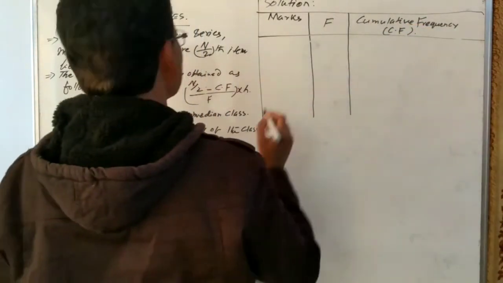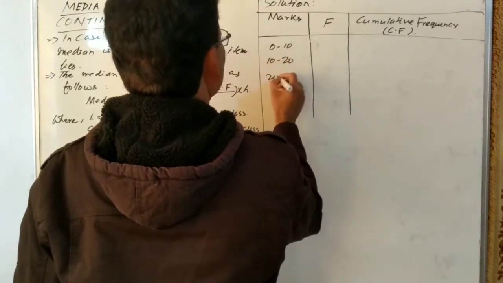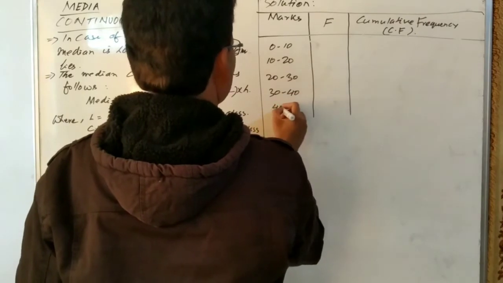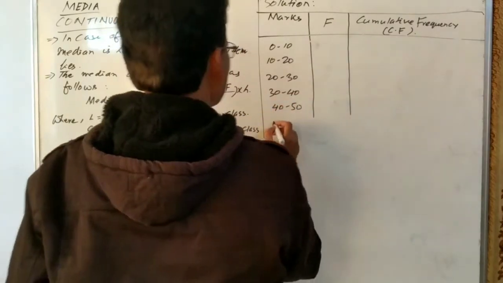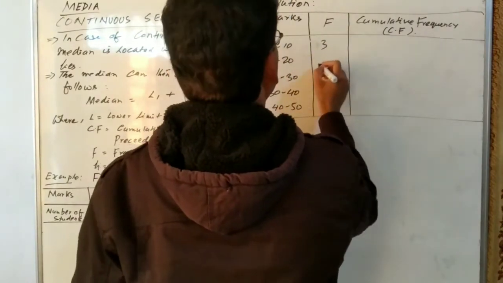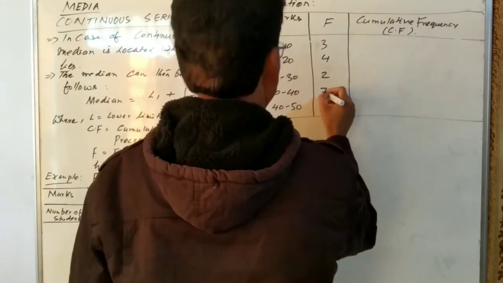So we have 0 to 10, 10 to 20, 20 to 30, 30 to 40, and 40 to 50, with frequencies 3, 4, 2, 7 and 10.